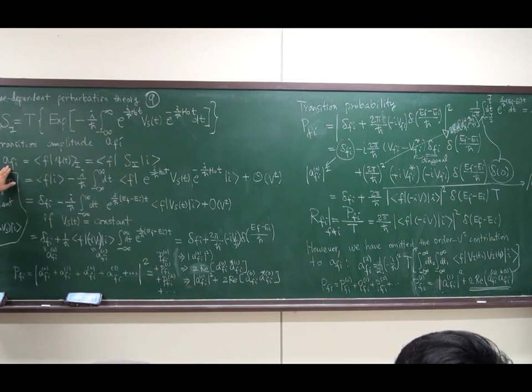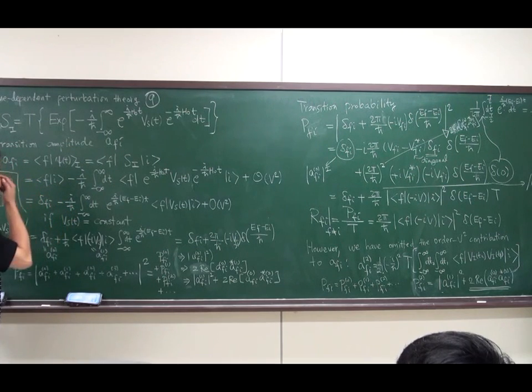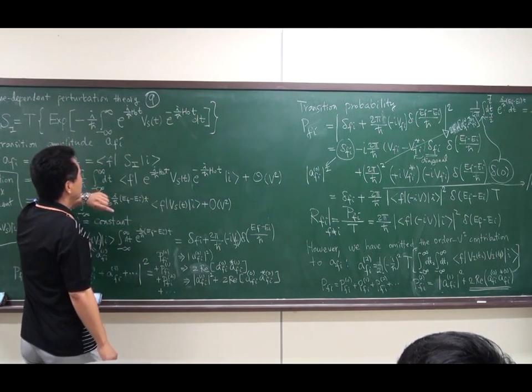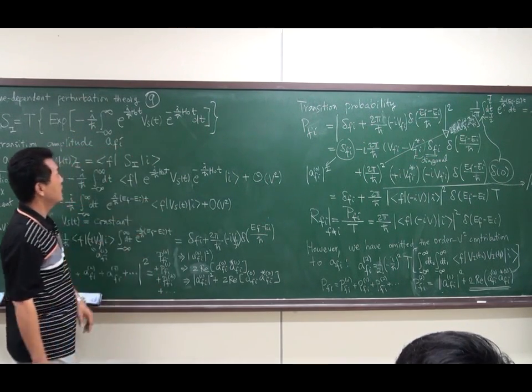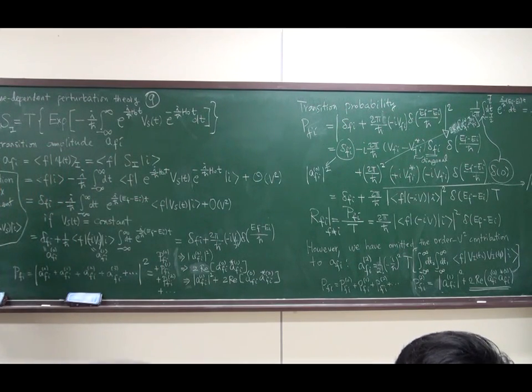And that was the transition amplitude, right? And this is a very simple integral on a time-ordered exponential. The argument of that exponential is minus i over h bar integrated over time. That is the potential in the interaction picture.